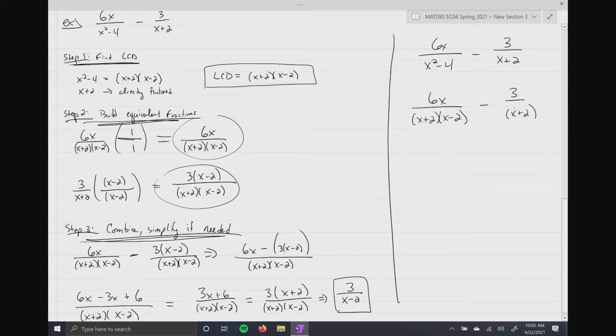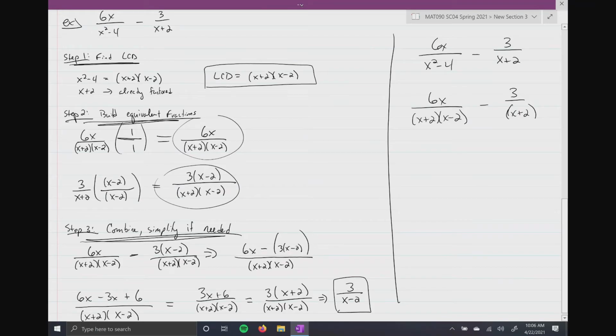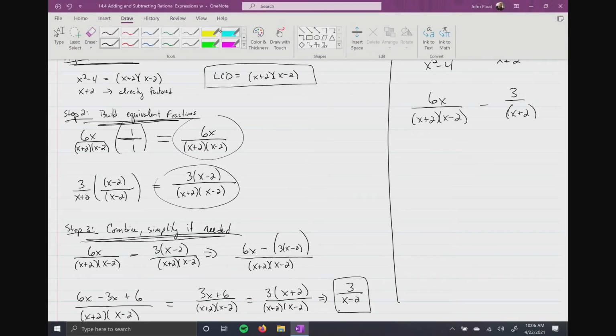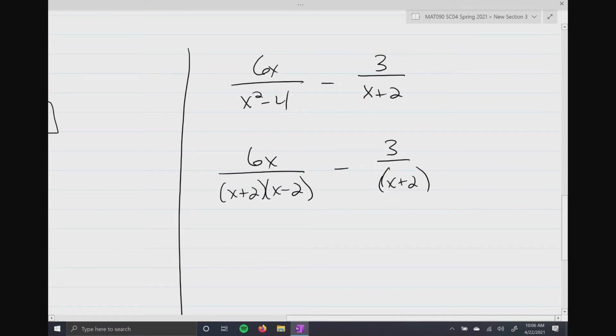Okay, that's all I did here is I just factored. Now, if I just take 1 second and look at my denominators, look what they have in common. They both have the x plus 2. Would you all agree?